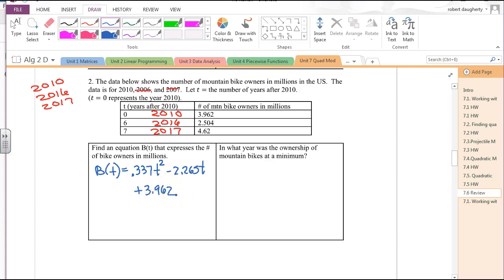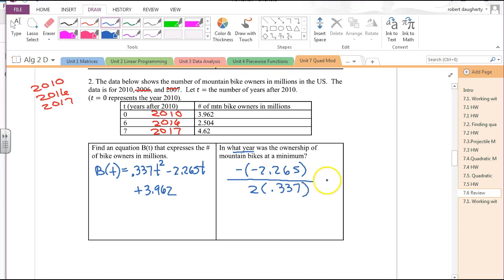In what year was the bike ownership at a minimum? In order to find this, I just need to find negative b over 2a. So in this case, it's going to be the negative of negative 2.265 over 2 times 0.337.